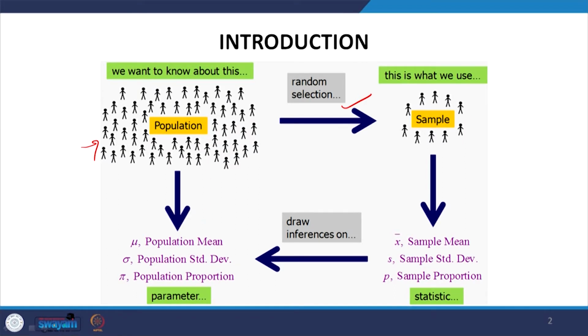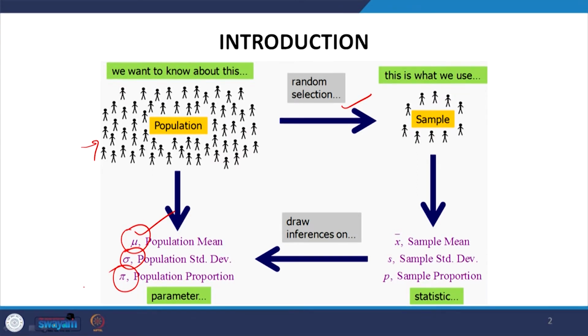The population mean is generally notated as mu, the population standard deviation as sigma, and the population proportion is generally represented with pi.